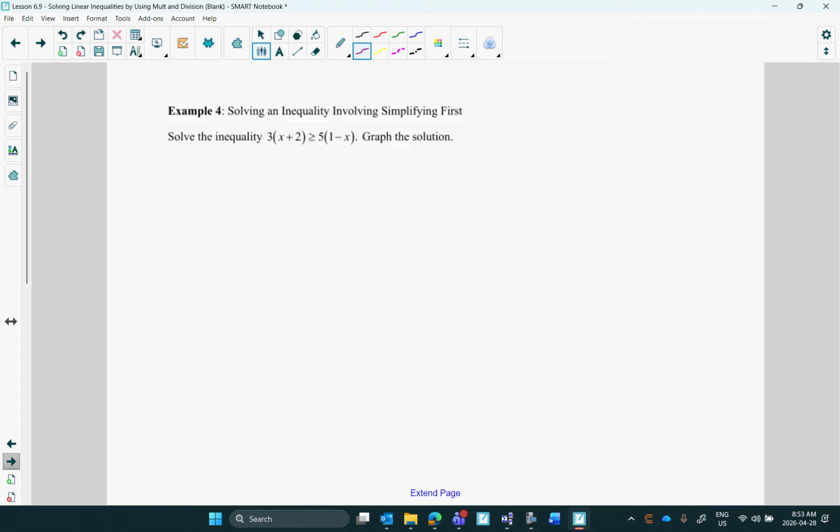Yeah, let's do this one. It's good practice. What do you do first? The brackets. Yeah. So I can do the parentheses on both sides. So what does it look like? 3x plus 6. Equals 5. Subtract. Excellent. Then you're going to bring over the x by subtracting.